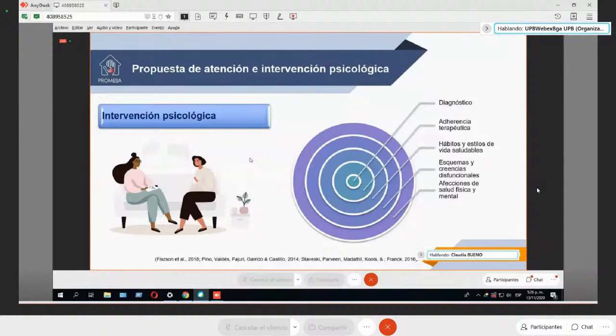From the clinical intervention, we may have different attention modes. We may have current therapies, third generation therapies, for instance, mindfulness, acceptance and commitment therapies, cognitive therapy to work on these mind schemes.